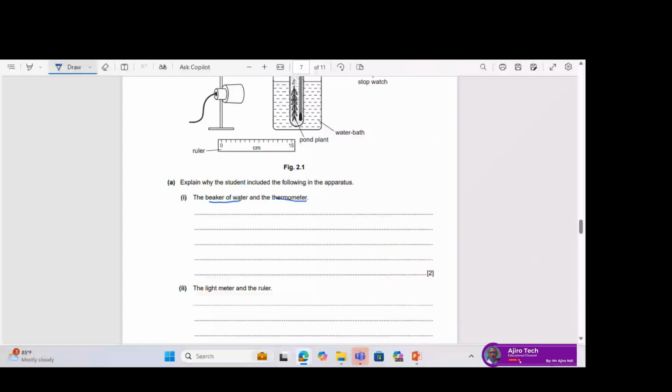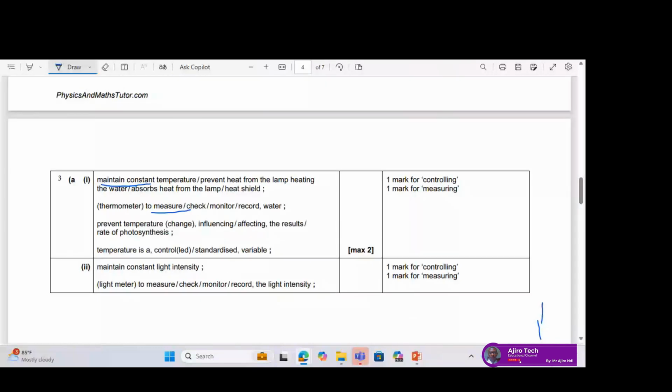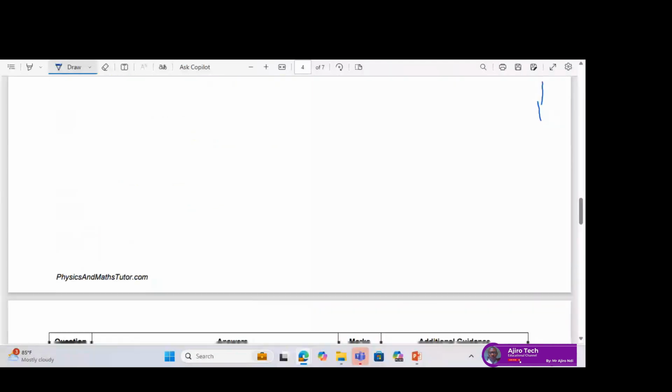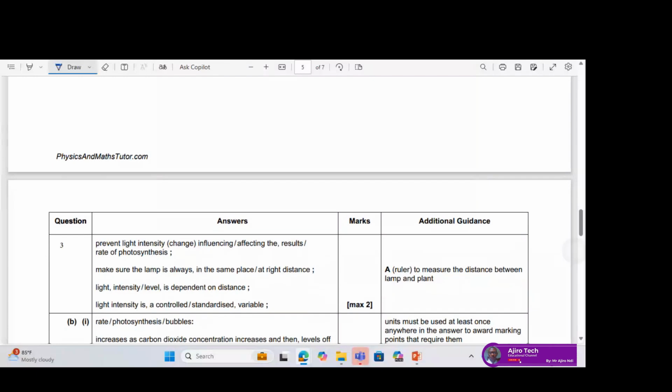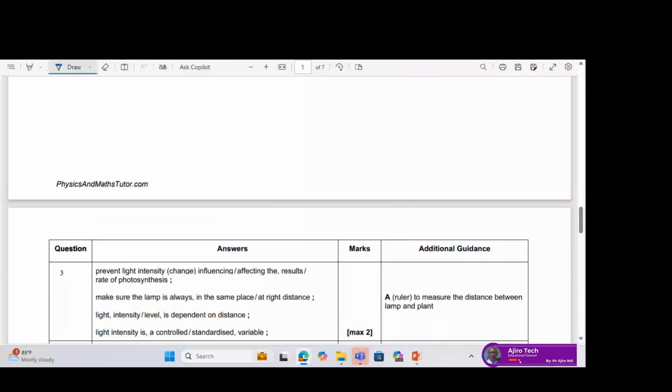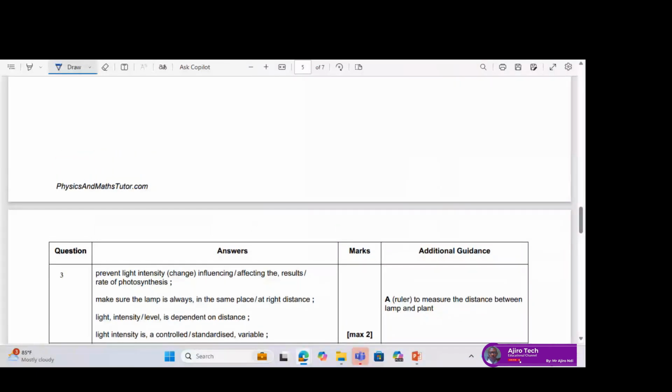We have that the light meter is to measure or check the light intensity, and the ruler is to measure the distance between the lamp and the plant, that is, the distance between the plant and the light.